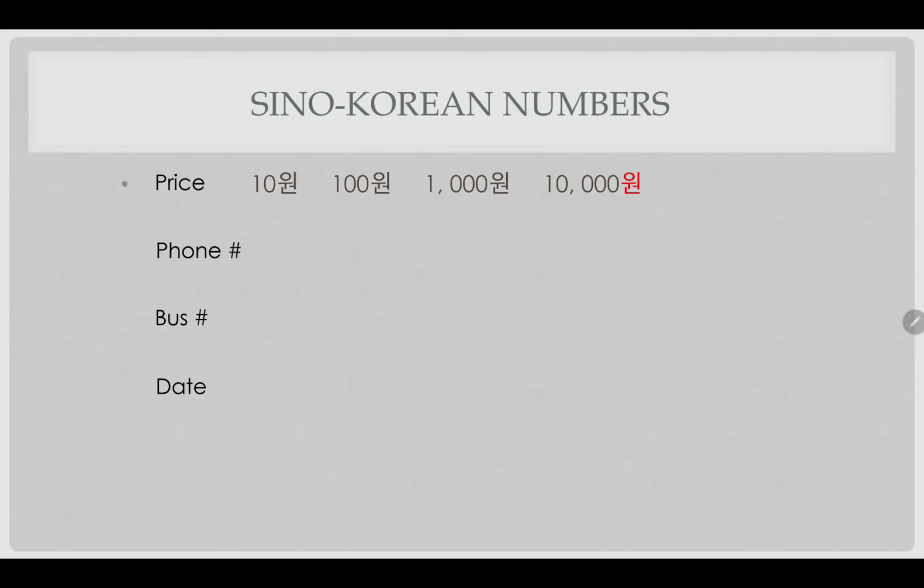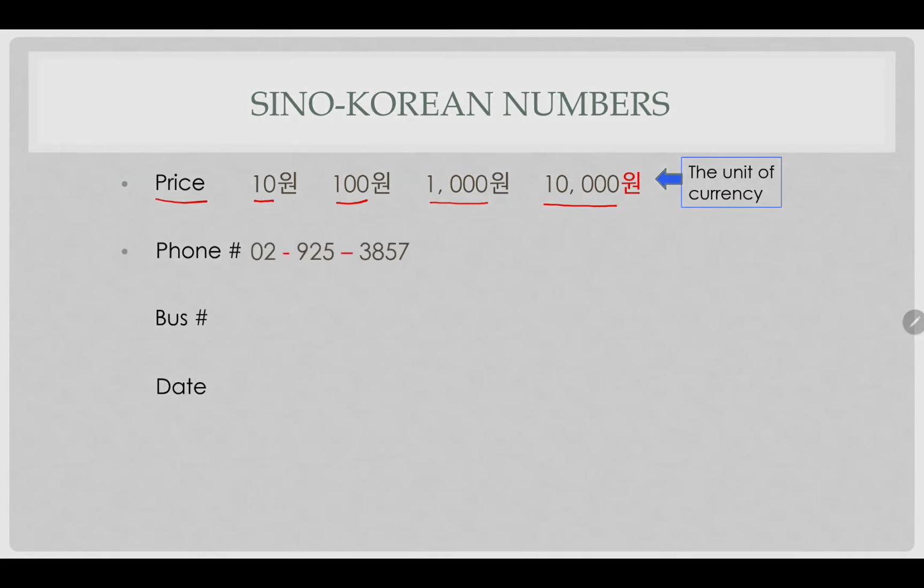Okay, so where can we use this Sino-Korean? First of all, we can use it to say something about price. This is 10 won. Won is like the dollar. It's the unit of currency used in Korea. So here is 100 won, here 1000 won, and here 10,000 won.